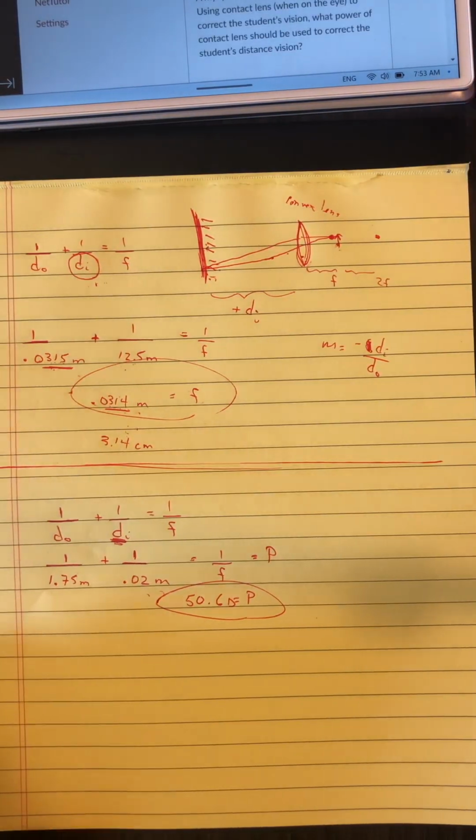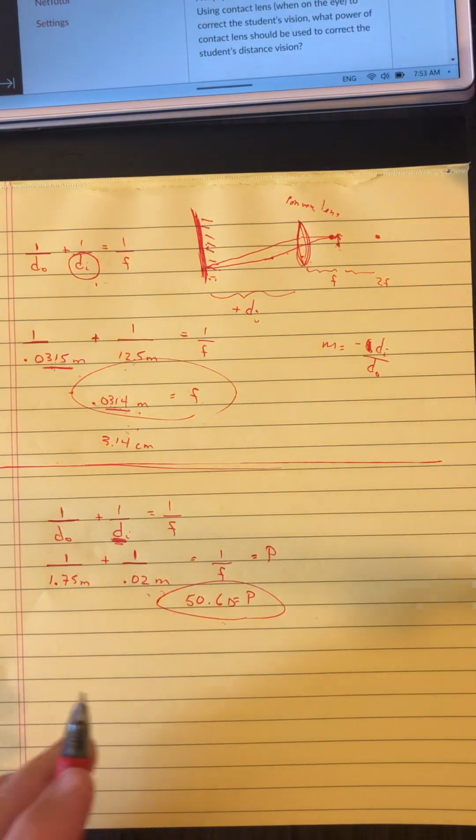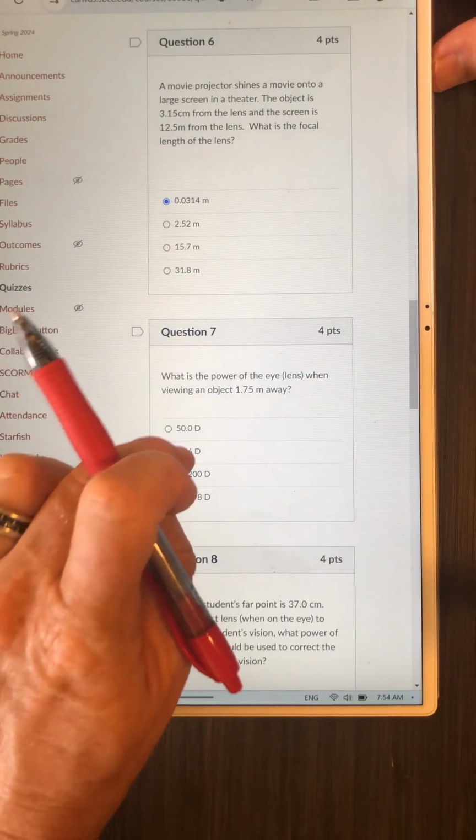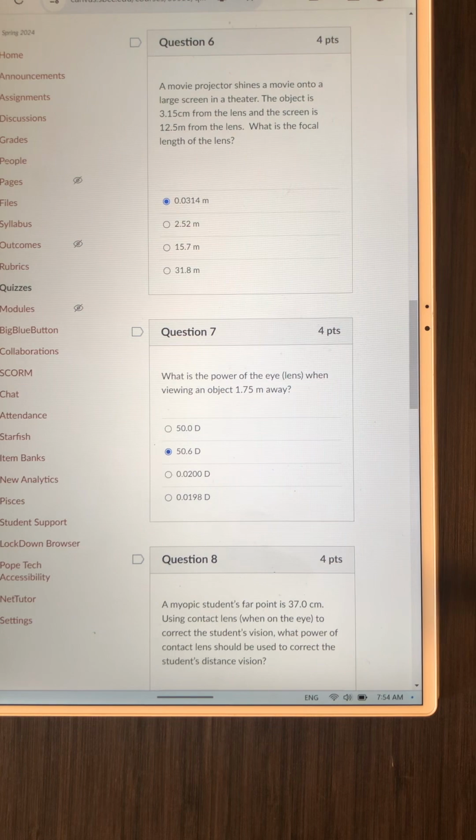But this would be your physics understanding of why we gave somebody a particular prescription. I think that's coming up a little bit later. Anyways, looking at my options for number 7, the 50.6 for number 7 would be B.